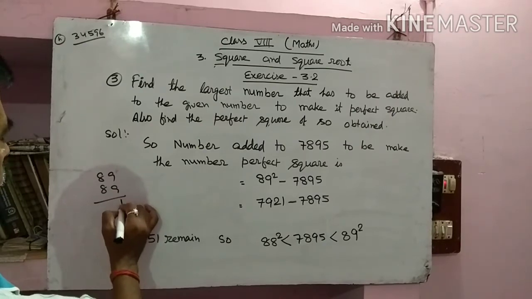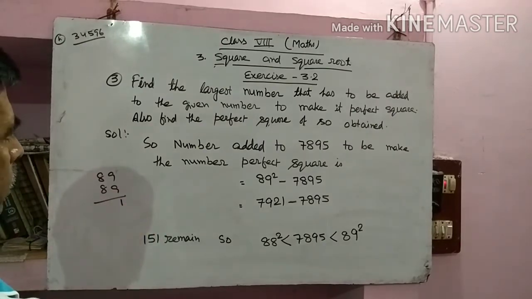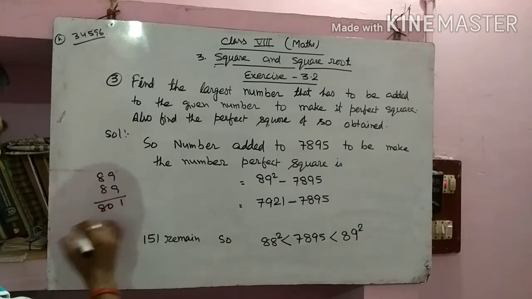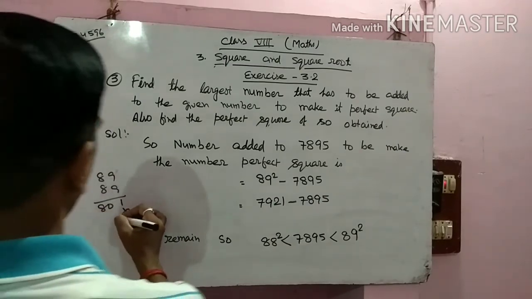9 times 9 is 81, 1 carried, 8. 9 times 8 is 72 plus 8, this becomes 80.